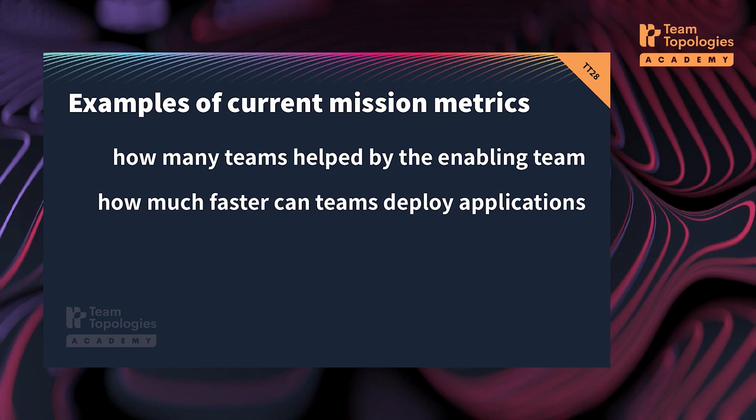Examples of such metrics could be how many teams were helped or are being helped by the enabling team, or how the specific improvement has helped them. For example, how much faster can the teams deploy applications on the cloud environment after the enabling team's facilitation? Suppose we collect these metrics for all the enabling teams formed in the organization.